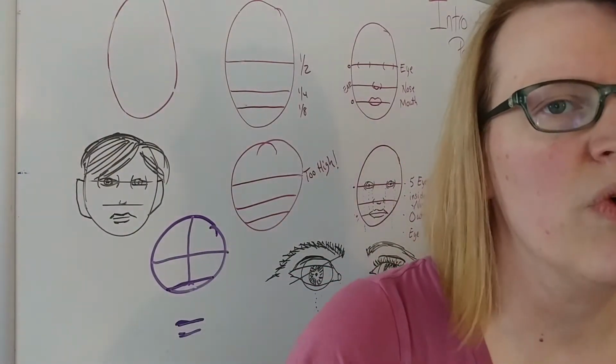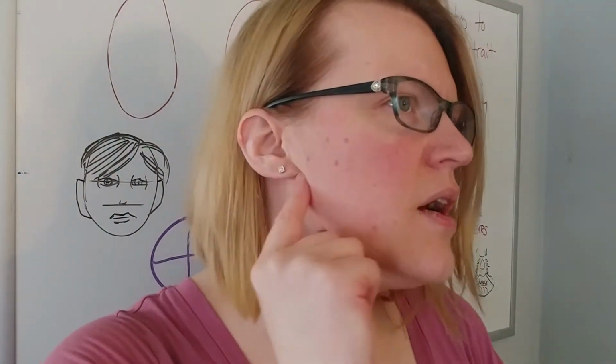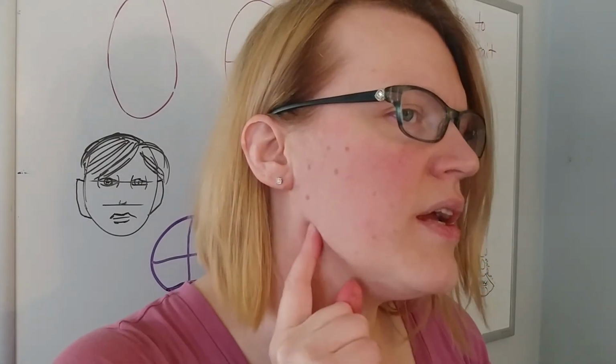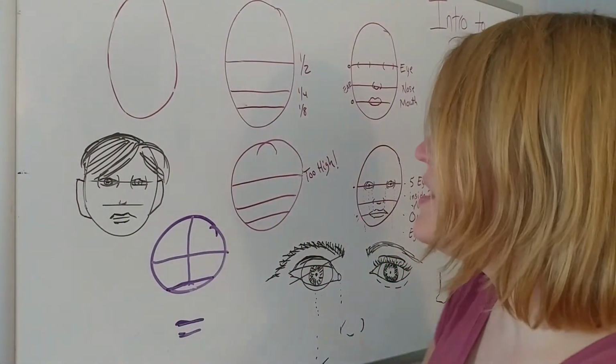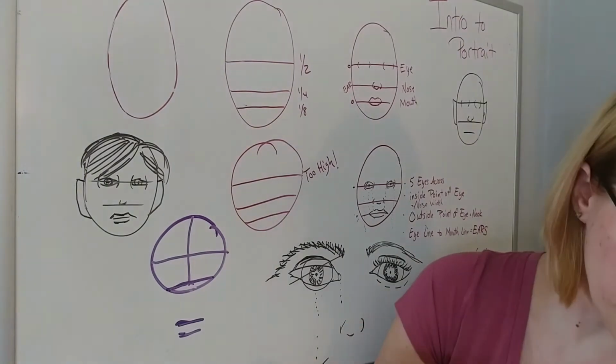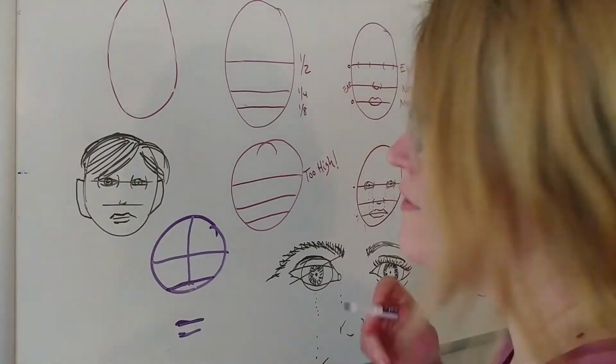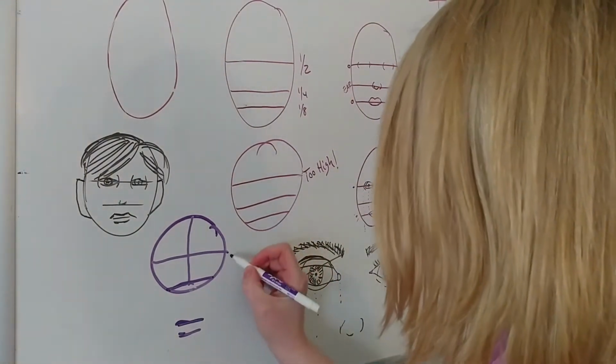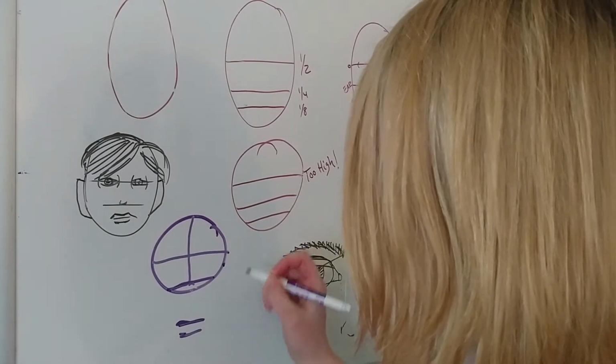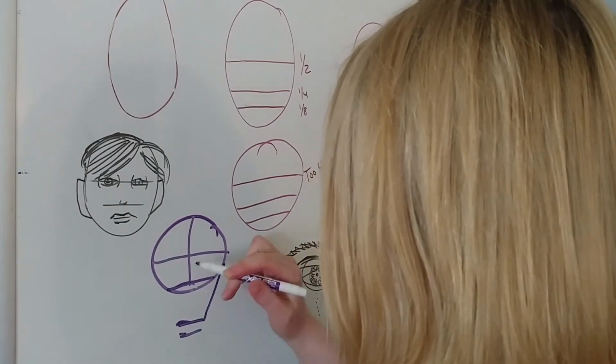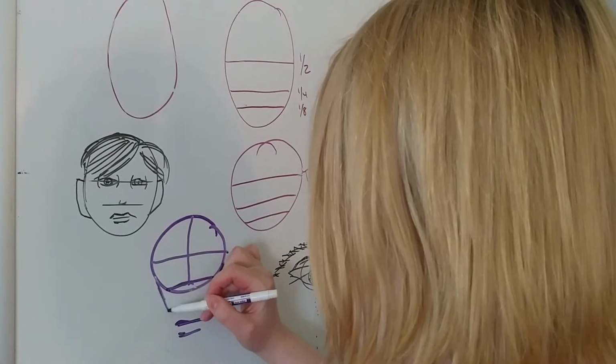But in reality, when we're observing with all the skin on, you add an inch right here for the jawline. So it's going to be south of the ear. We're going to pull that line to about here, and make that jaw come down here.